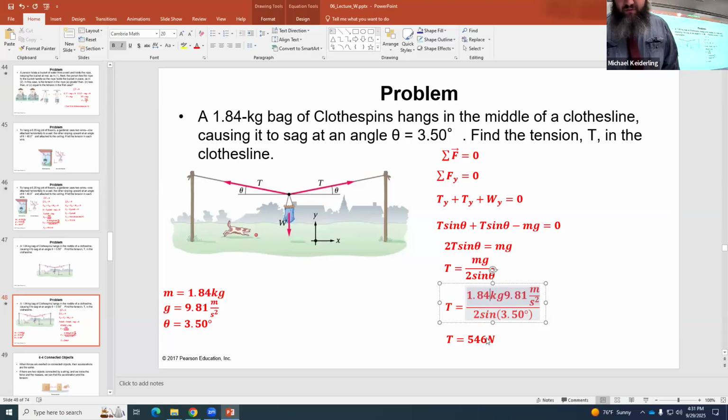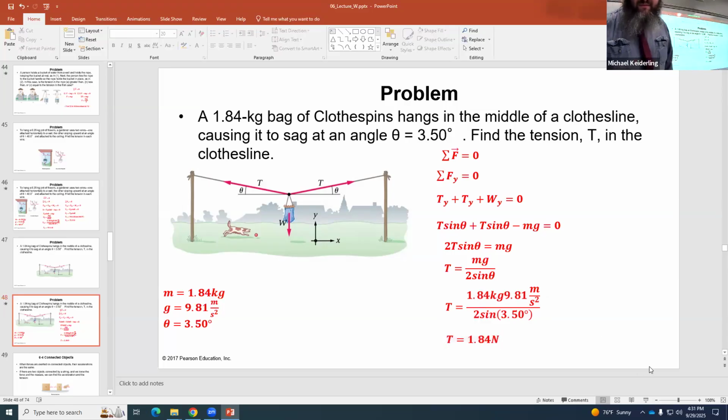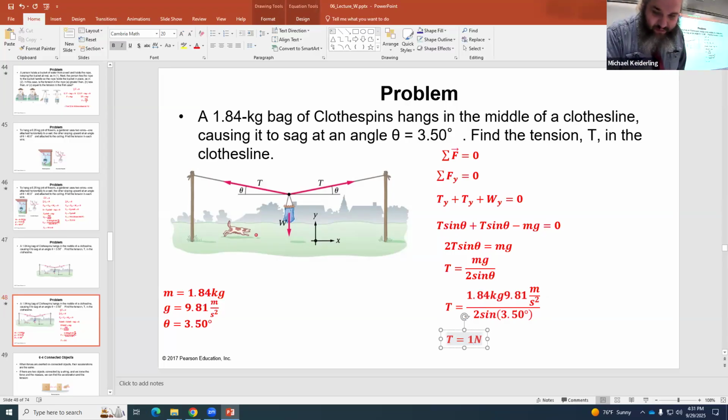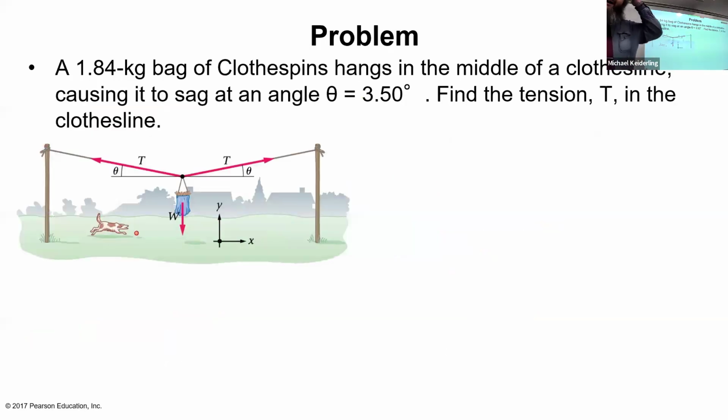I did it with 6.2 for some reason, and I have no idea where that came from. But that's not the right number either. So these will be re-uploaded with the working out fixed. All the math was correct on this. It was just I had the wrong mass and carried it through.